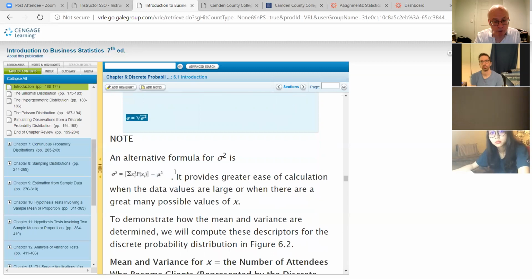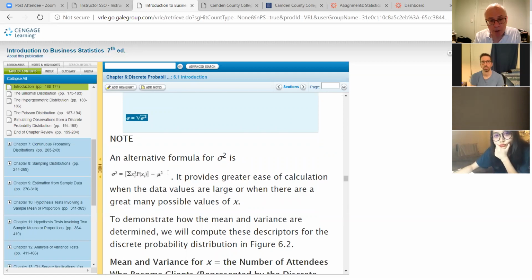Now they have these alternative formulas here. I don't know why. Maybe in the past, before they had Microsoft Excel, before people had PCs, these formulas probably were worthwhile because computationally they were a little easier to do than the original formula for the variance. I see no value of using this now.